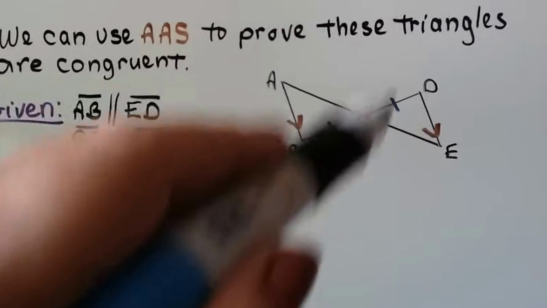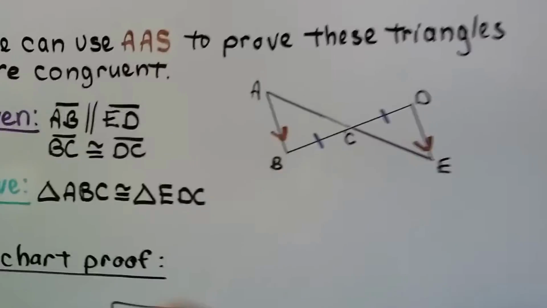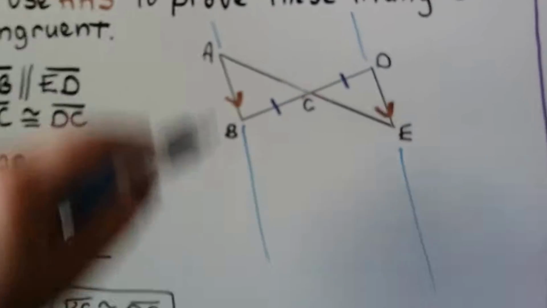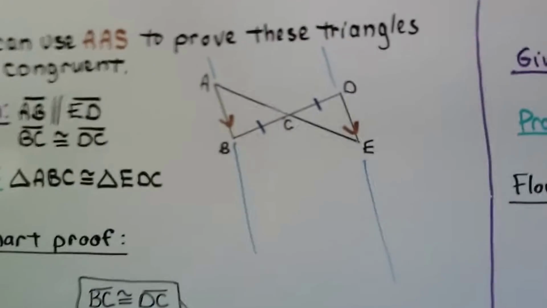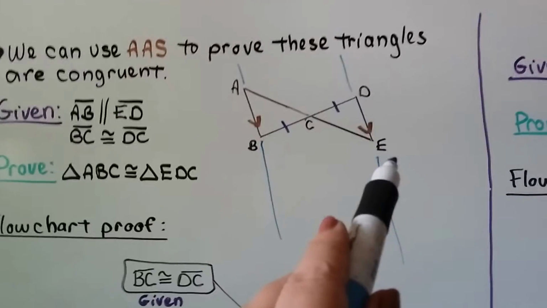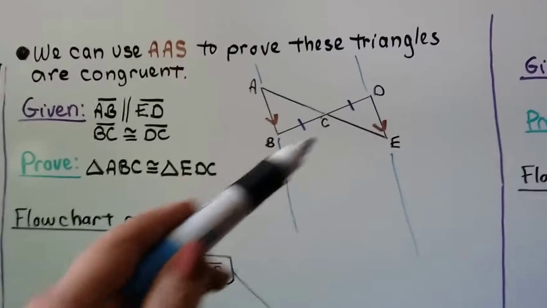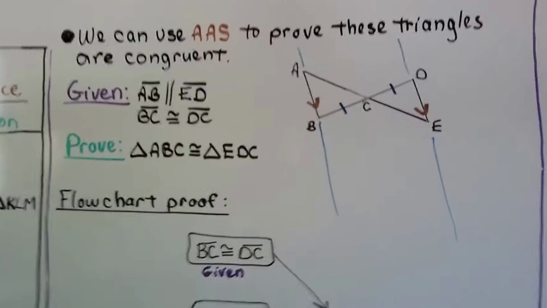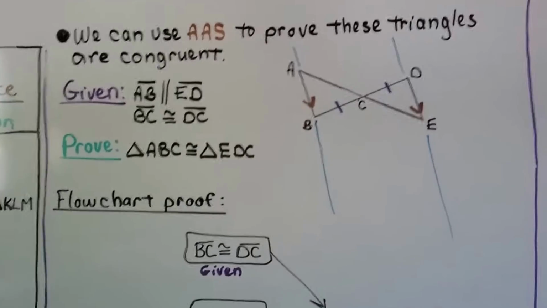So we know these are two parallel lines, right? So if we've got these parallel lines, well, AE could be a transversal, couldn't it? We could also do BD is a transversal. So we need to prove that triangle ABC is congruent to EDC.